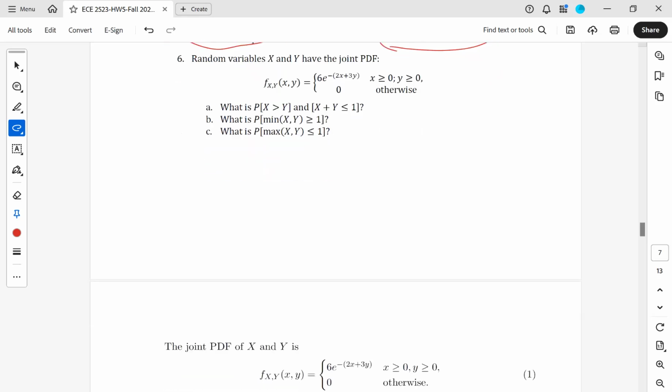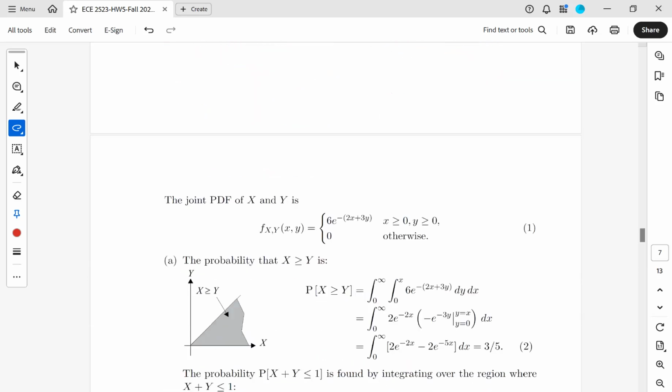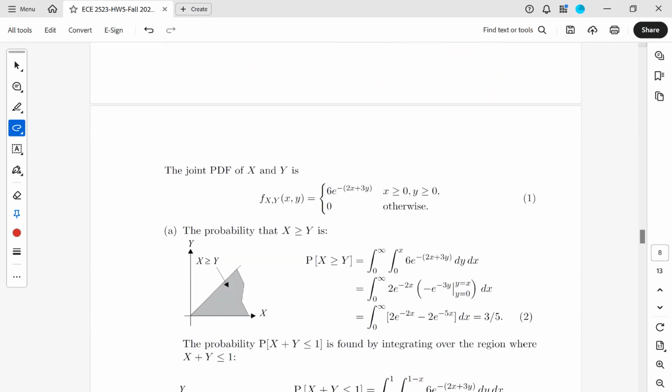We know to calculate the probability of an interval, we have to do that double integral. But because of the event, the PDF would not limit our range. The only thing that limits our range is the condition of the event, so we have to consider the condition of the event.